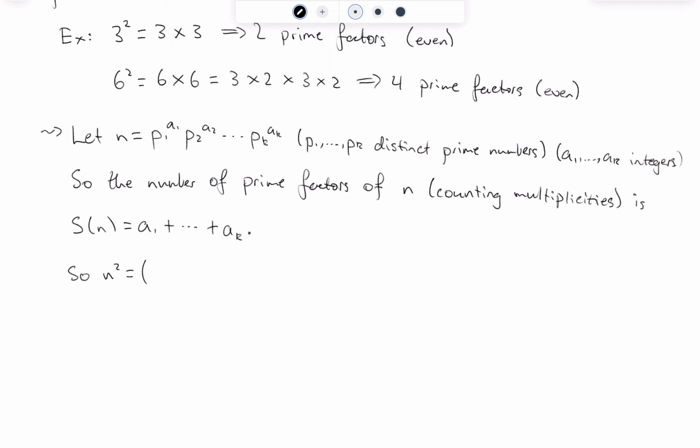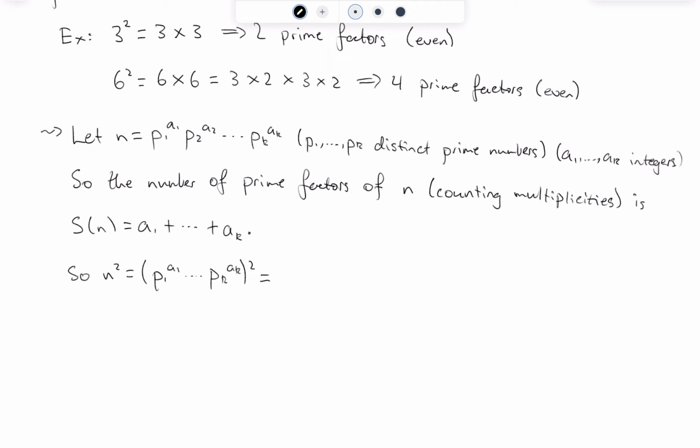So let's bracket it, P1 to the A1, I'll skip A2 and P2, all the way up to PK to the AK, squared. When you square this factorization, if you know your rules, you just multiply the powers, right?